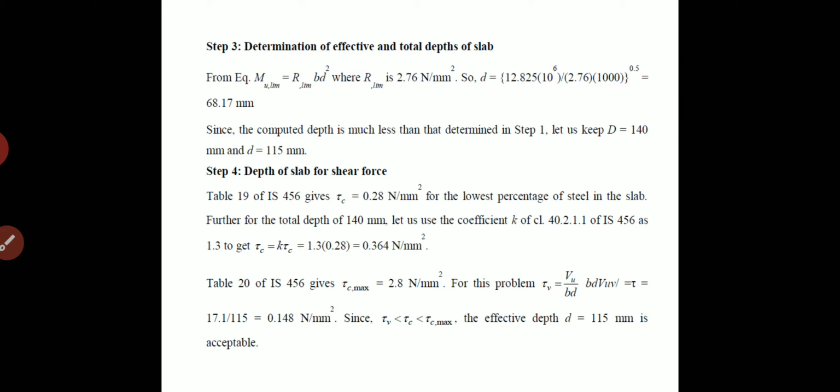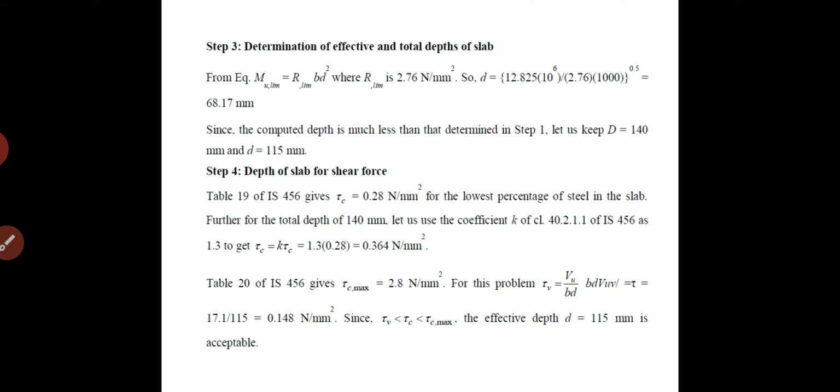Further, for the total depth of 140 mm, let us use the coefficient K of clause 40 of Indian Standard 456/2000 as 1.3 to get tau c equal to K tau c.